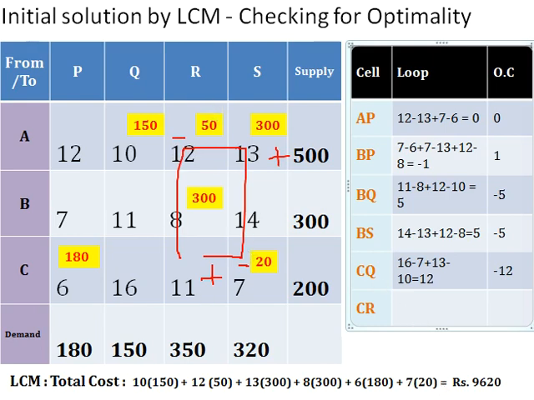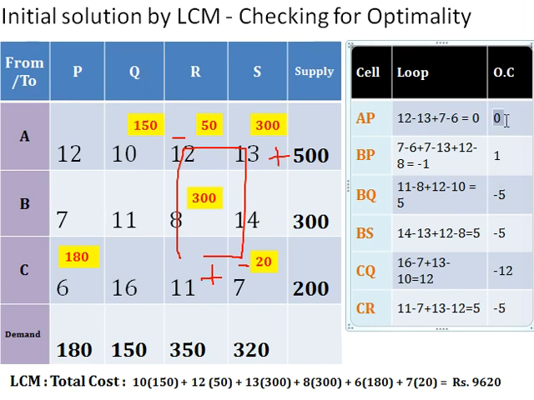So as we can calculate for this cell, 11 minus 7 plus 13 minus 12, and that will be equal to 5. So we have opportunity cost minus 5.